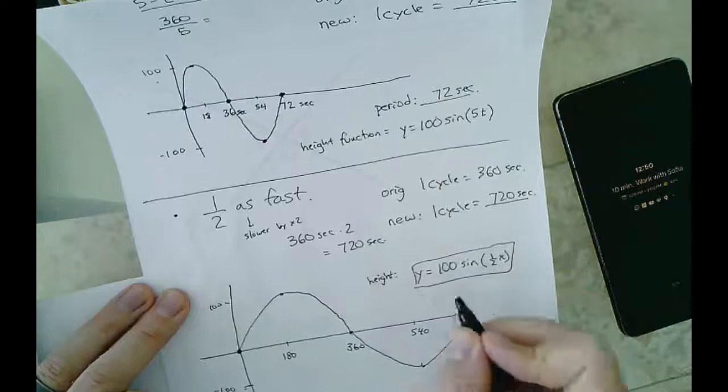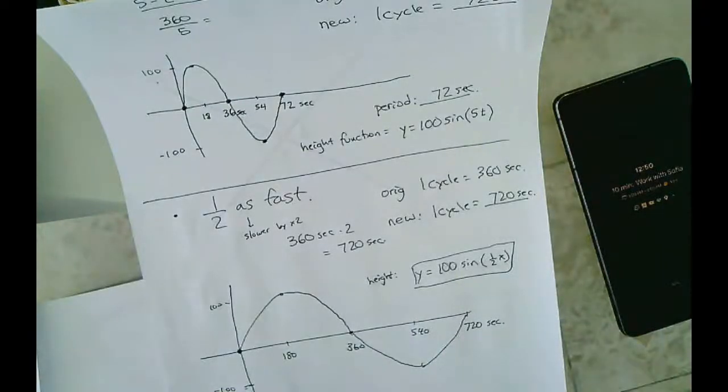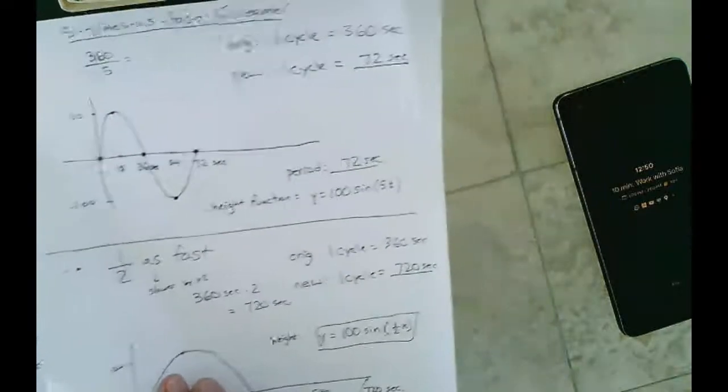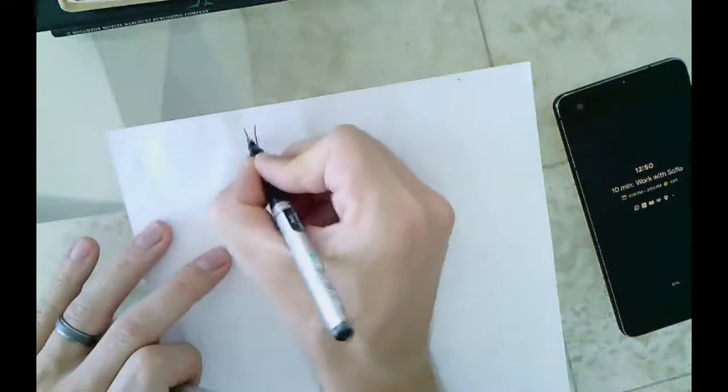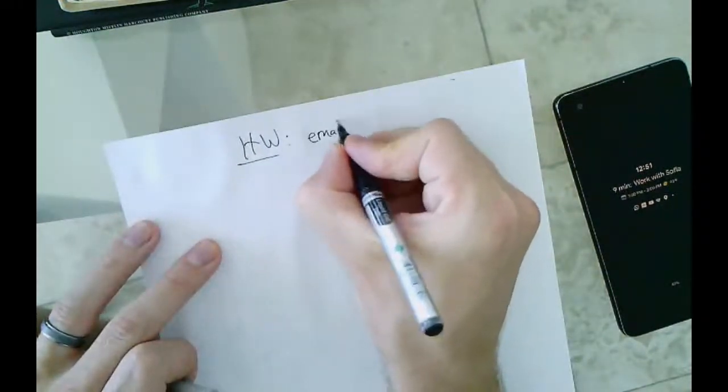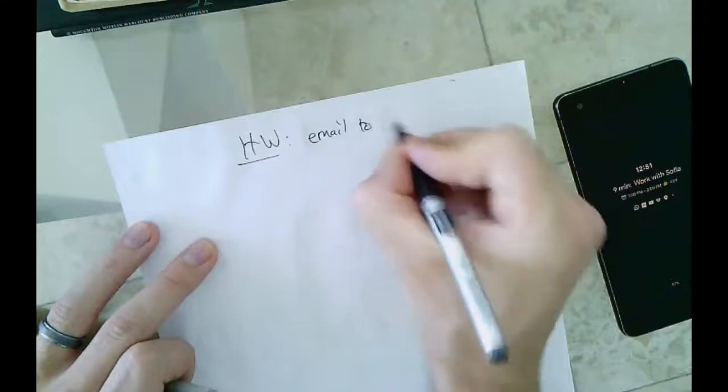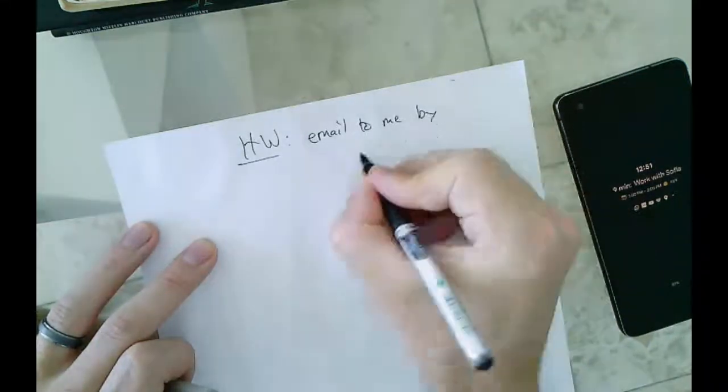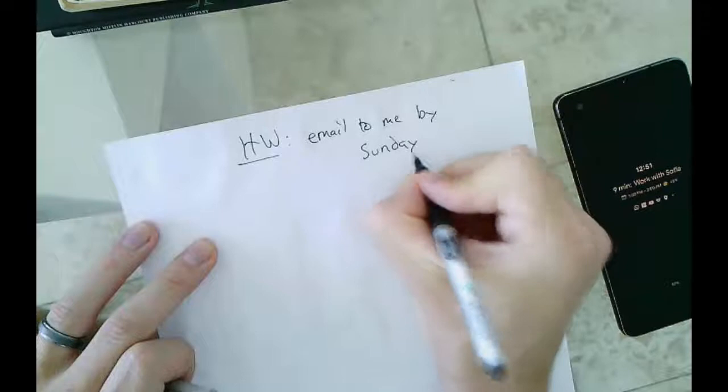Now, before I end this thing, oh boy, it's got long. I want to tell you what your weekend homework is going to be. And I'm going to show you this right here. Feel free to go back and pause. This is your homework that I'd like to be emailed to me by Sunday. Just a picture is fine.